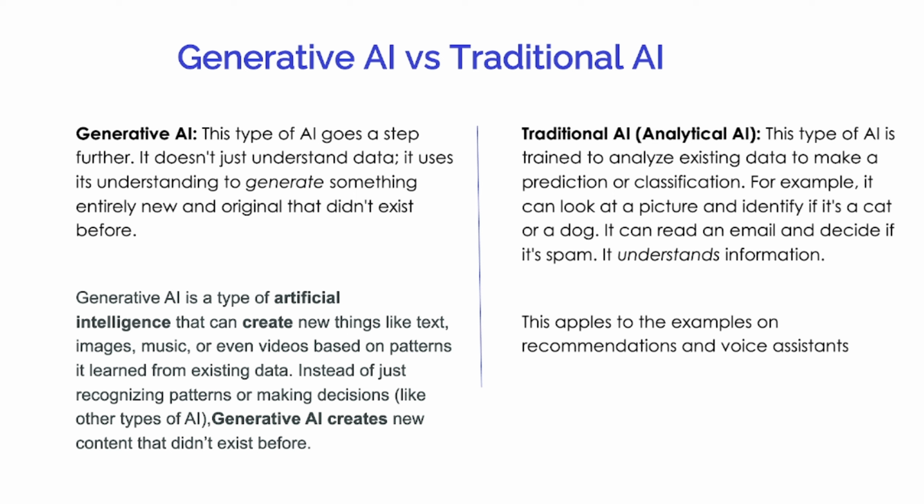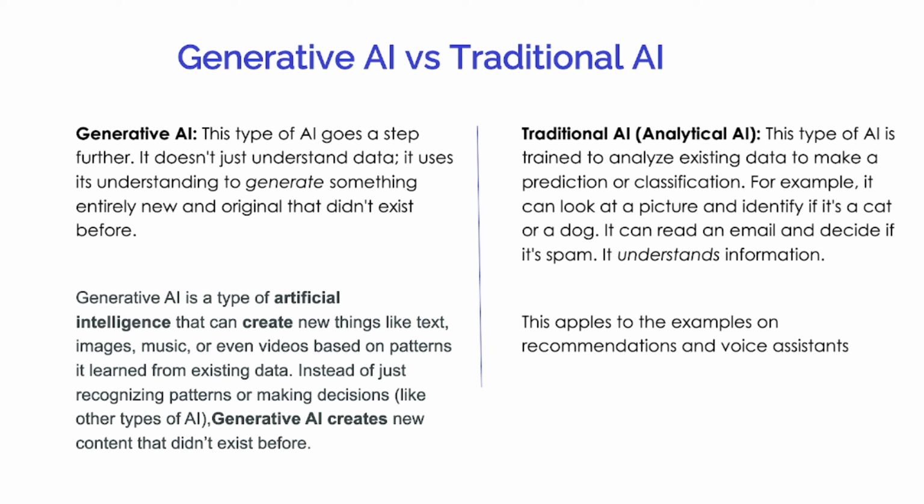I'll come back to that, but let's first of all visit the traditional AI, the analytical AI. This is the type of AI that is trained to analyze existing data to make a prediction or classification. For example, it can look at a picture and identify if it's a cat or a dog. It can read an email and decide if it's spam.